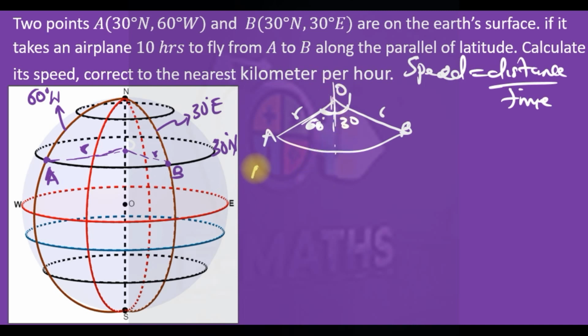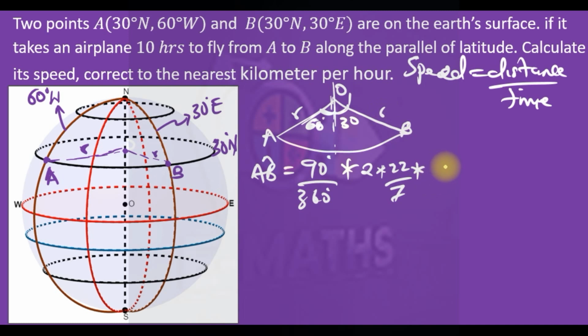So to calculate AB is very simple now. The angular difference is now 90 degrees. So 90 over 360 times 2 pi r, so times, let me use 22 over 7 times our r. Remember I told you small r.